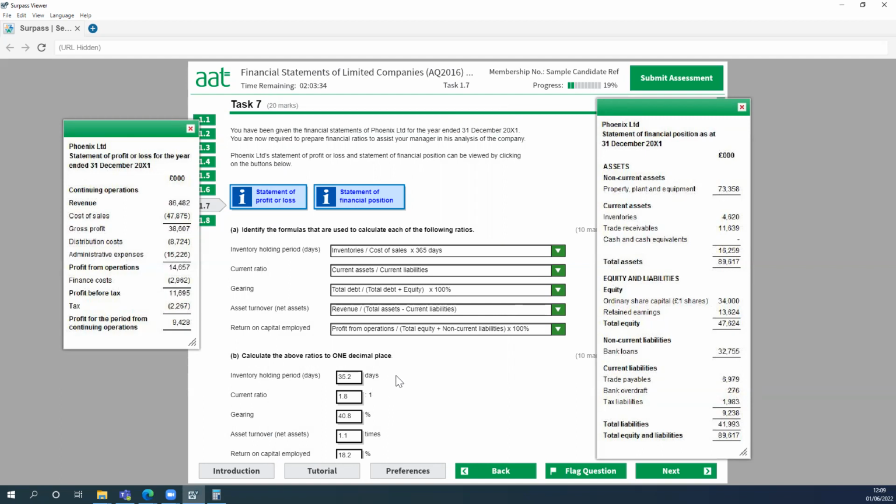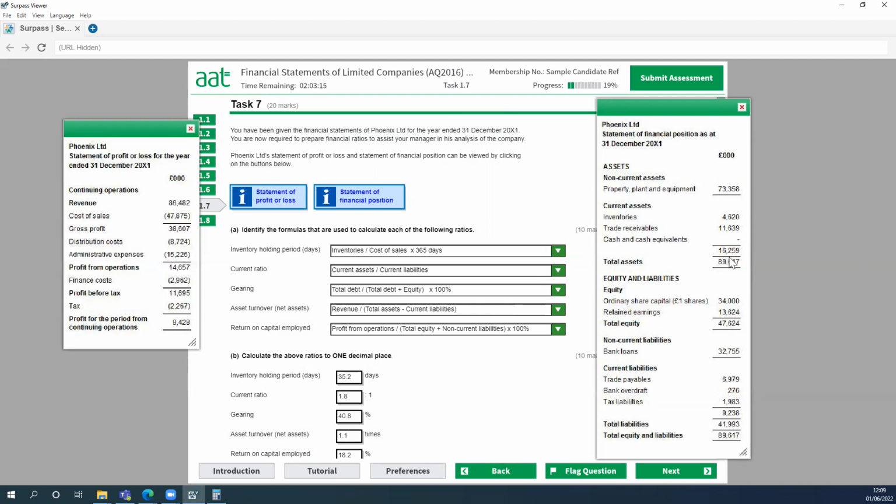Current ratio is your current assets over your current liabilities. Important for liquidity. When you're borrowing money or investing in a company, you want to see how quickly you can get your money back. So what current assets have they got over the current liabilities?